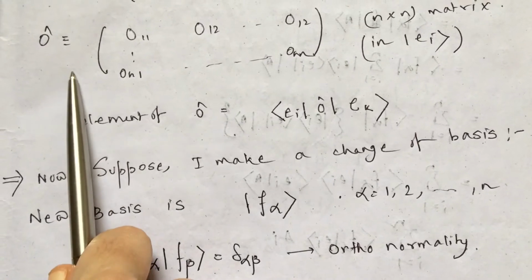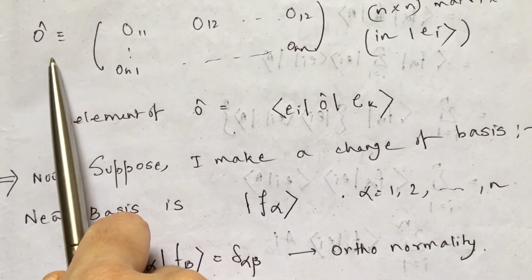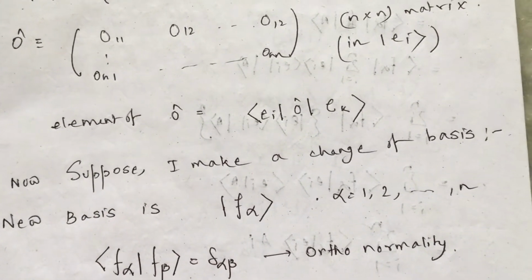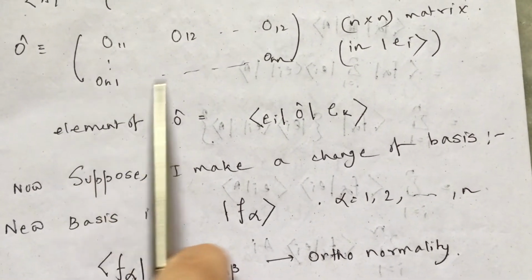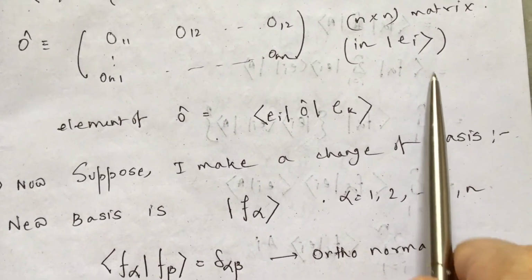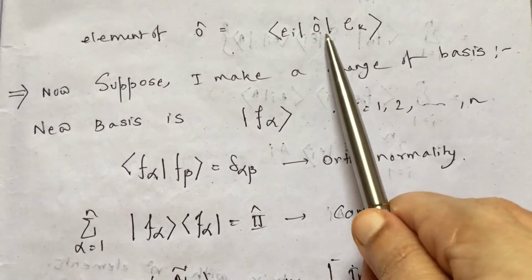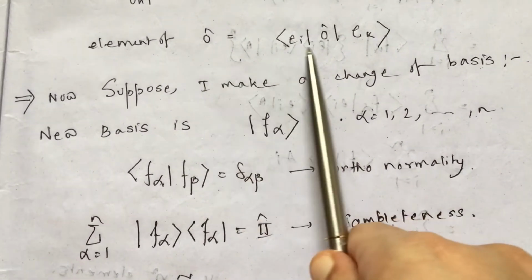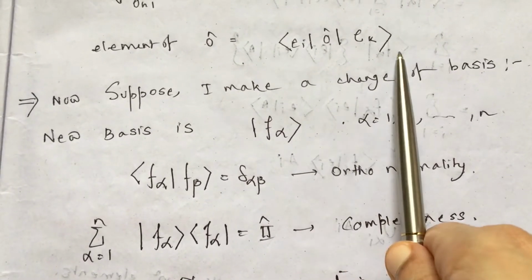And this is how we defined O. O is an operator which may be written like this, which is an n by n matrix with n squared number of elements, and this is specified in this basis, because we have already written any element O_ik of this operator O in basis e_i, which looks like this.